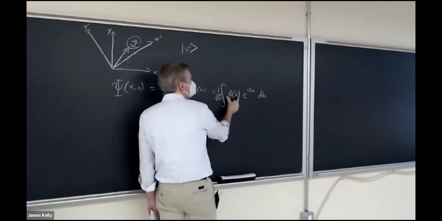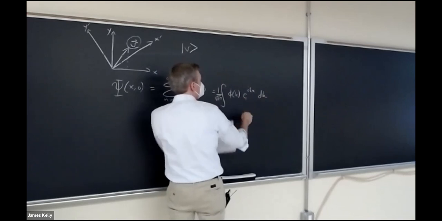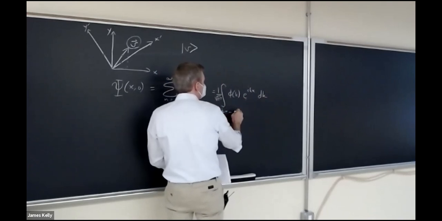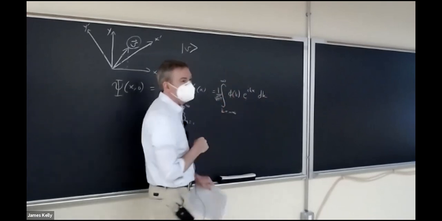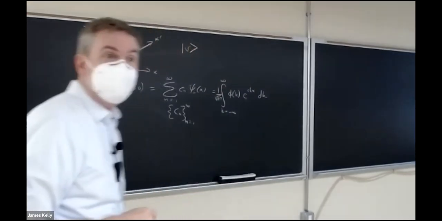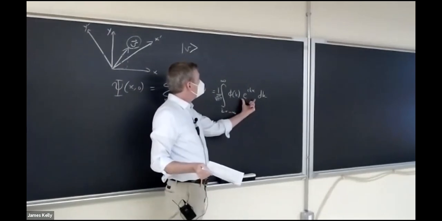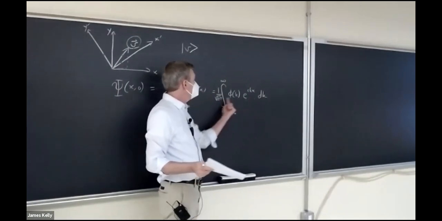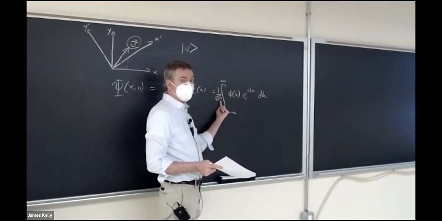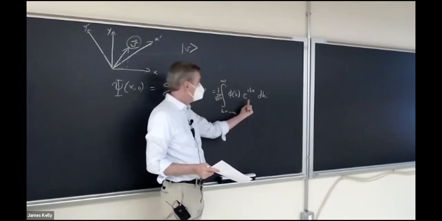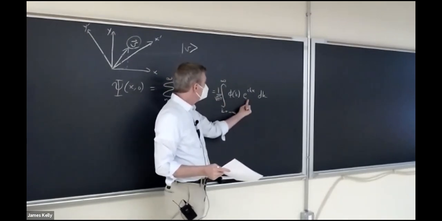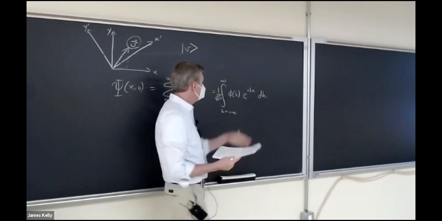These are like coefficients in front of these functions, and we're going to sum over all of them. We have a continuum of functions. And here again, we normally want to include the 1 over root 2 pi based on our discussion of Dirac orthonormality, so we're going to keep those two things together. But these are the expansion coefficients.